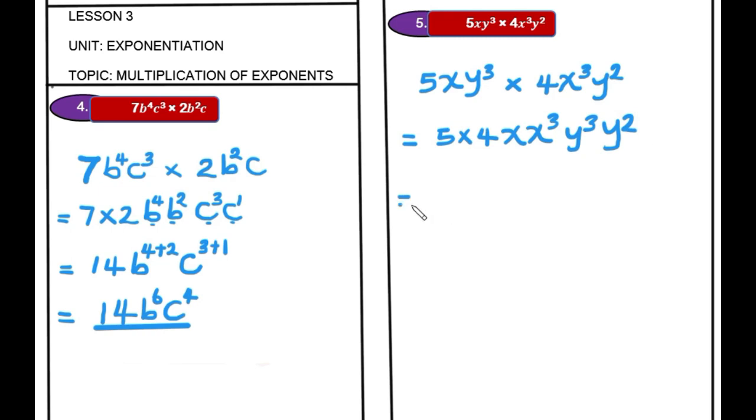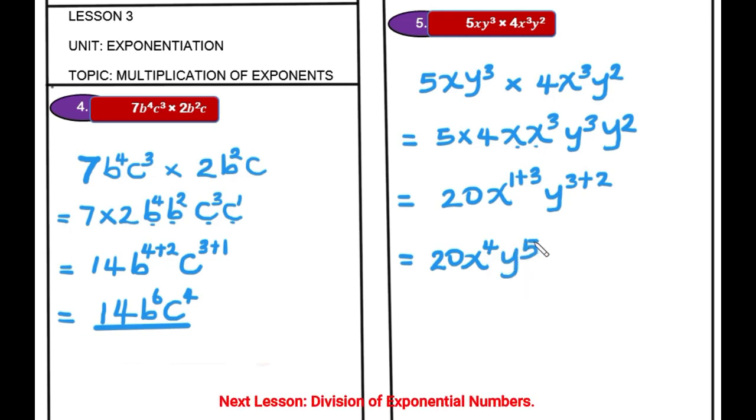So 5 times 4 we get 20, and since this is x and this is x, we'll get x to the power of 1 plus 3, then y to the power of 3 plus 2. And we come up with 20x to the power of 4 y to the power of 5. And this becomes our final answer.